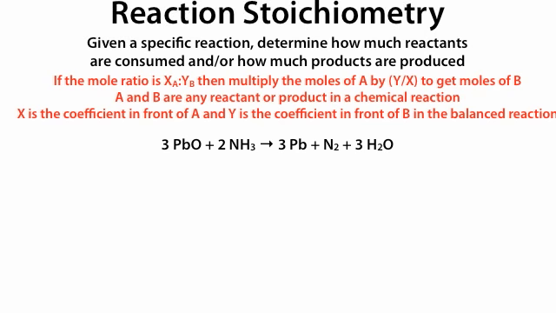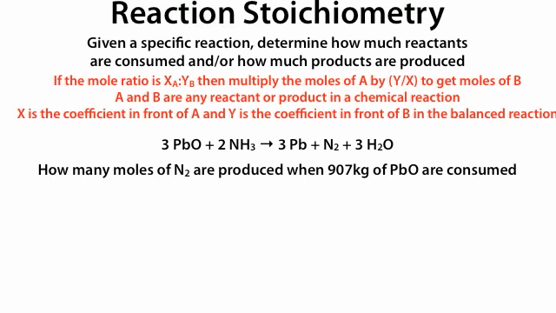Let's try another question. Same reaction, but now, how many moles of N2 are produced when 907 kilograms of PbO are consumed? Step 1. Balance any reactions given or described.